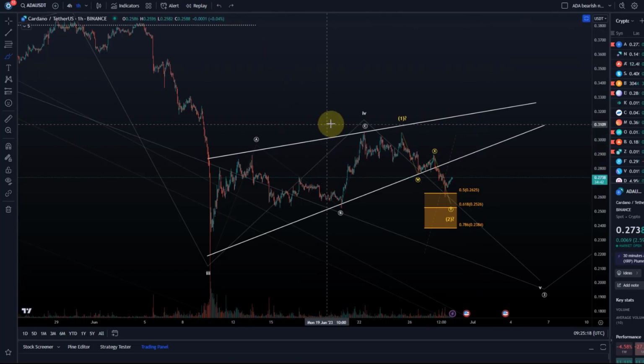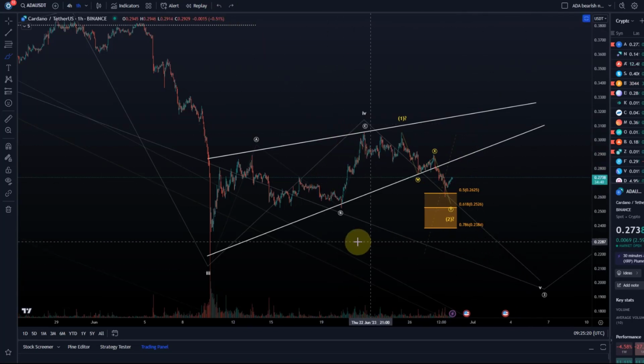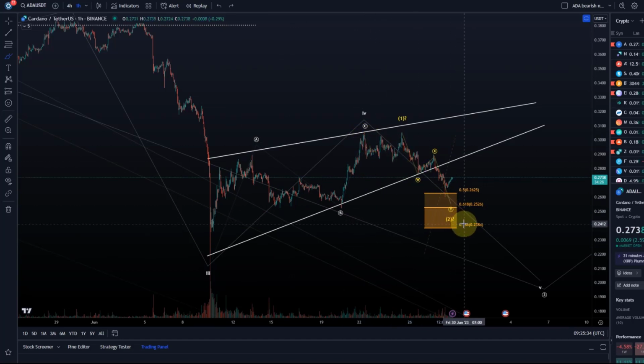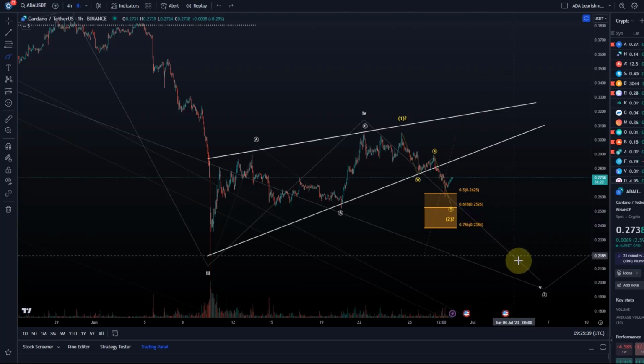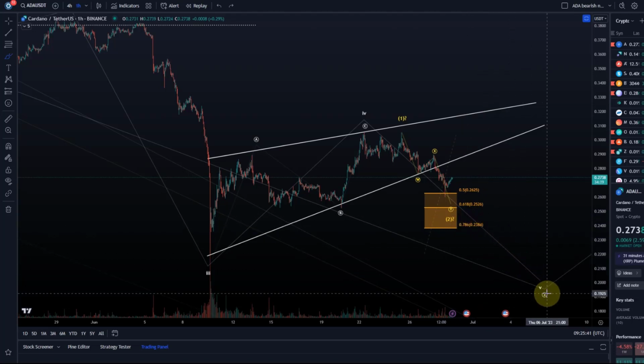Until then, the white count remains primary, just because we have 3 waves up, okay, and it hasn't given us any impulse to the upside yet that we can use. So it's either ABC to the upside, and if it now breaks below 23.8 cents, then we have confirmation that we are in the white count, possibly all the way down to the 17-cent region approximately.